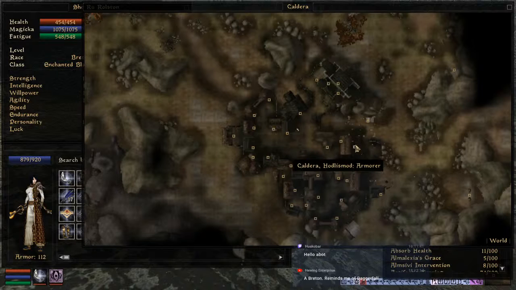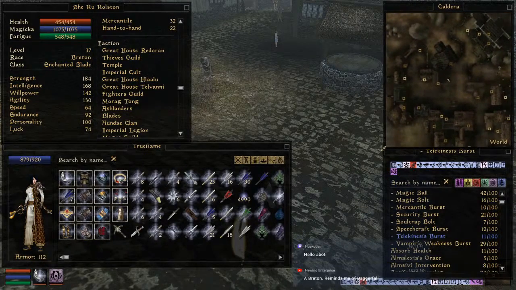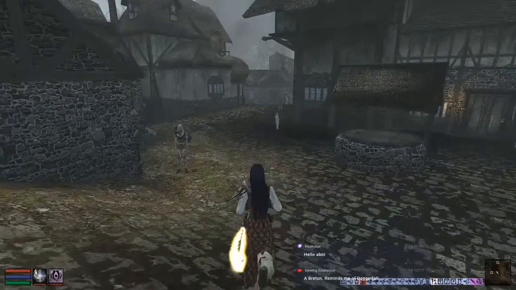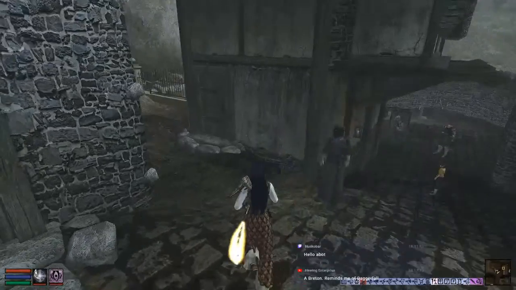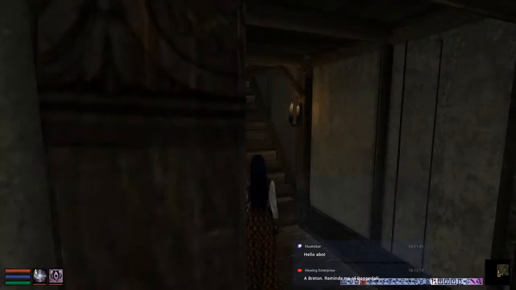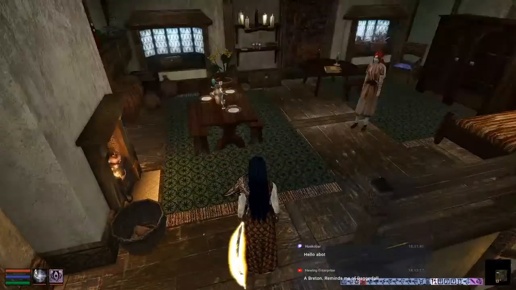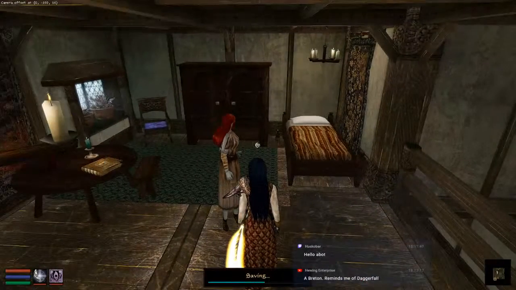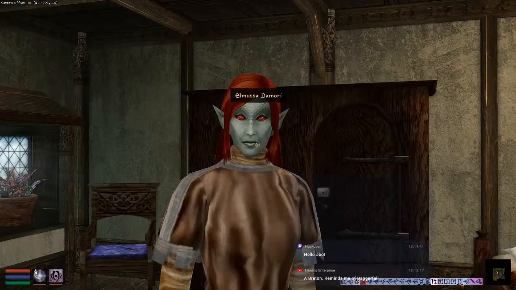So she is behind the armorer, the smith. And we got your helmet.